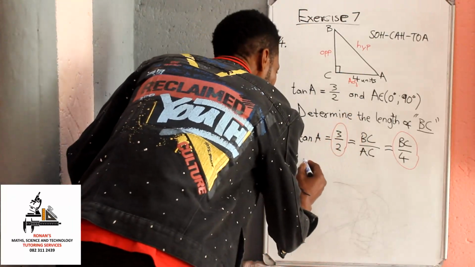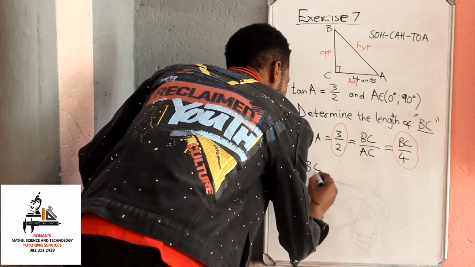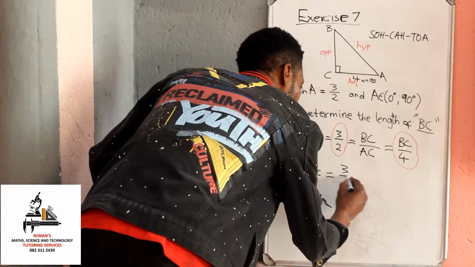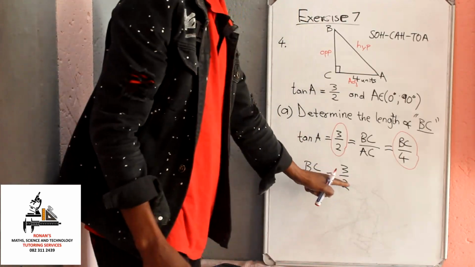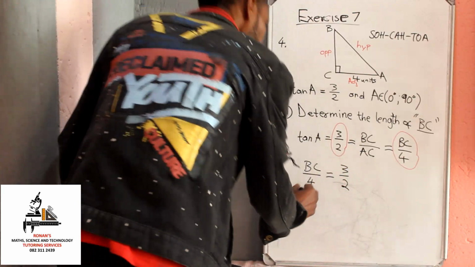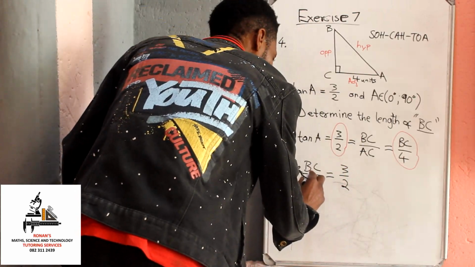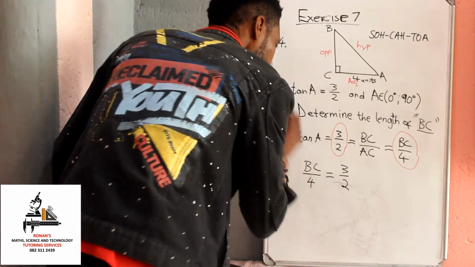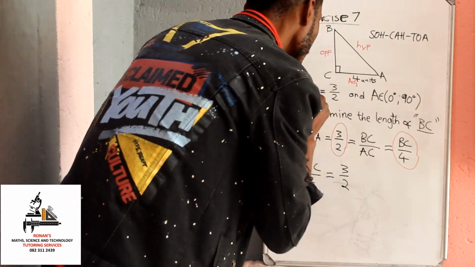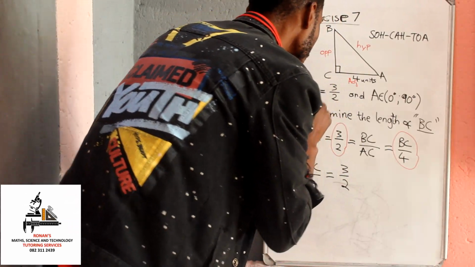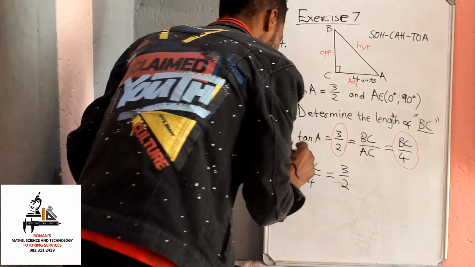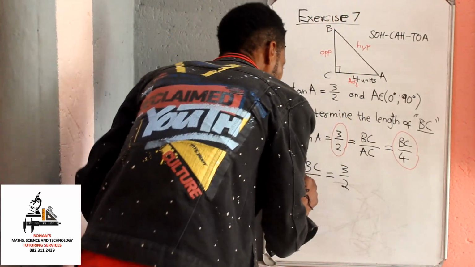and equate it to this ratio so that we can find our BC. So that's going to be BC over 4 equals 3/2. Remember, that's a ratio. It could be any number. So we make BC the subject of the formula. And how are we going to do that?